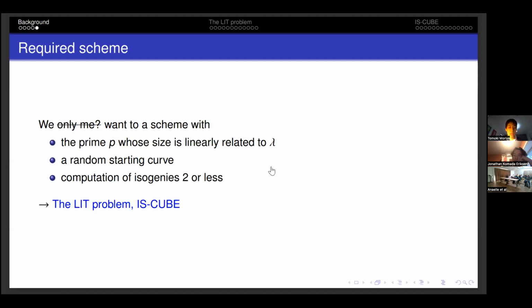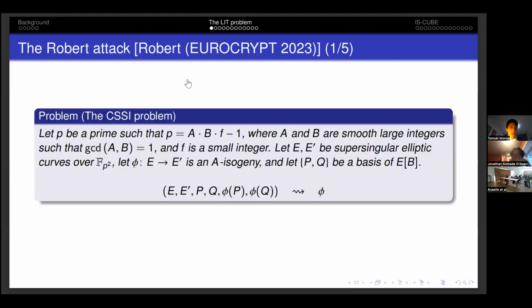And next, I want to introduce the LIT problem. And before talking about the LIT problem, I need to talk about the SIDH attacks. So first, I introduce the CSSI problem. It's a problem for SIDH. Let P be a prime such that P equals A times B times F, and A and B are smooth large integers, and these are coprime, and F is a small integer.